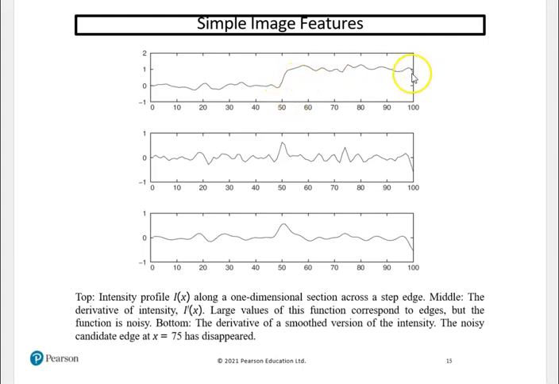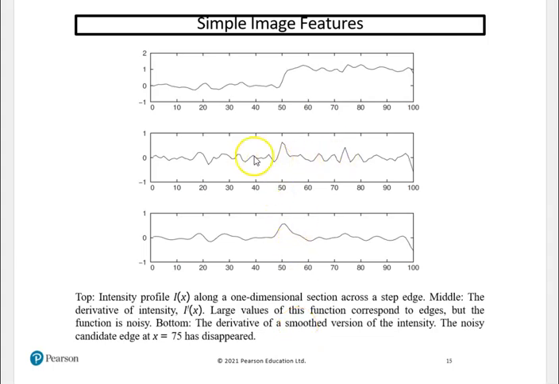And here, of course, the intensity drops to zero, and that's why you have that very big negative derivative right there as well. Large values of that middle graph correspond to edges. So we can conclude that probably there's an edge at 50 and another edge at 100. But you can see the function is noisy. It's not very clear.